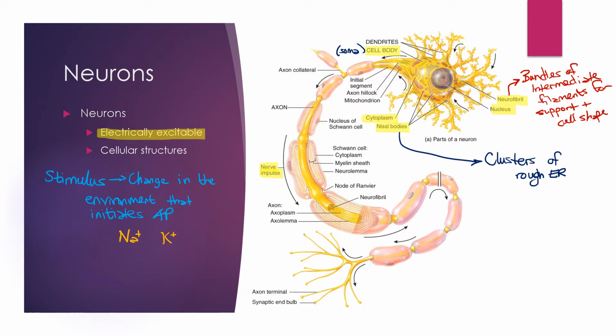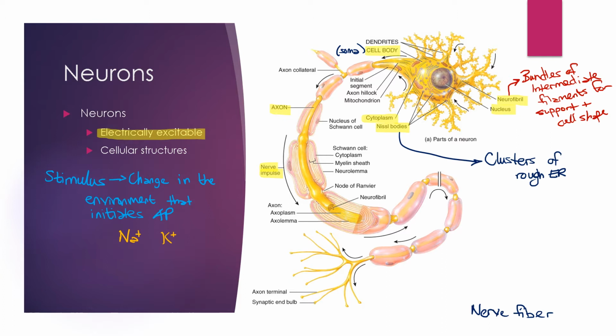We're also going to see microtubules within the cell body, and these are going to assist in moving materials between the cell body and the axon, which is this long portion of the cell. Now, a nerve fiber is a general term that we use for any neuronal process or any extension that emerges from the cell body of a neuron.